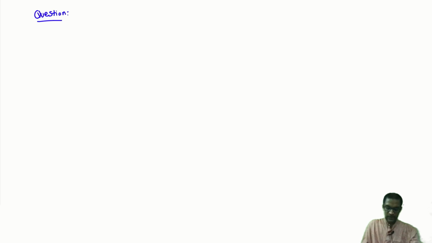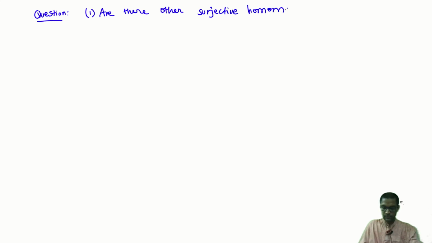Is there any other such function? Are there other surjective homomorphisms from the free group on two generators to S3? We constructed one, but are there other ways of constructing them?